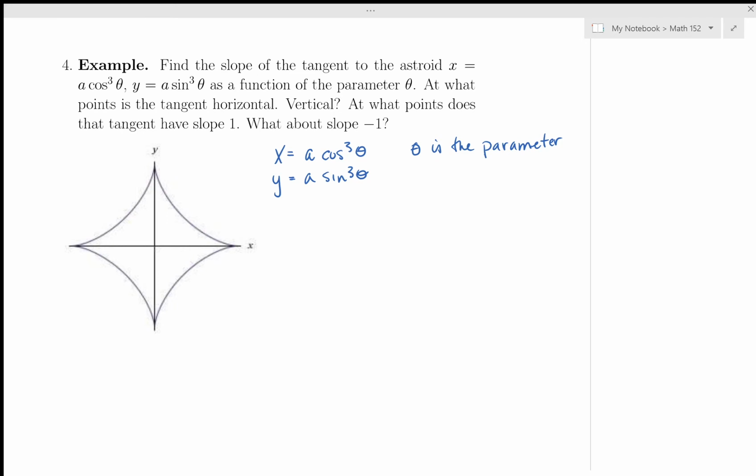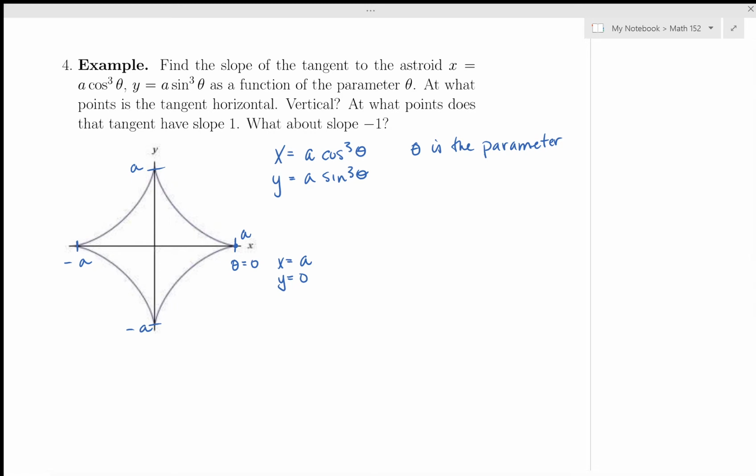Just looking at this parameterization, I can see that, for example, when theta is 0, I'm going to get this point right here. This is theta equals 0, and at that point x is equal to a and y is equal to 0. So this point right here is a. Similarly, this is minus a, this is a, and this is minus a.